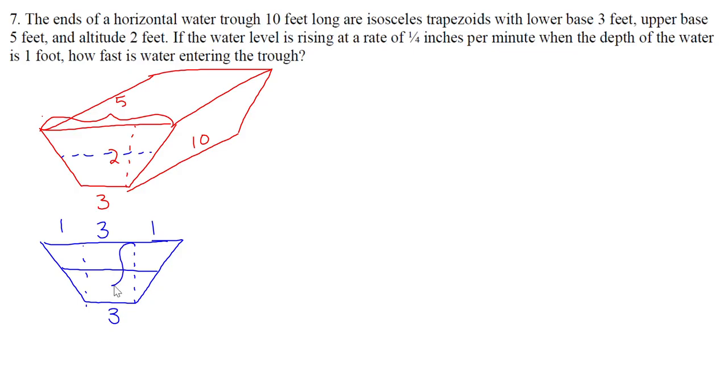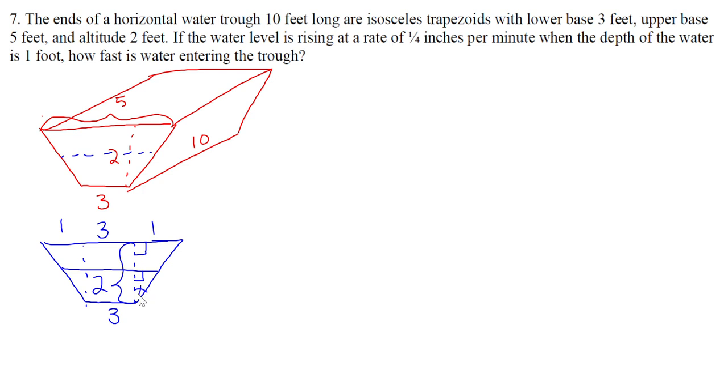And so from there, we should be able to do a little bit of work knowing that the entire altitude here is 2. So we should be able to figure out a bunch of different things about this. But what we really need to know is how the height here of this thing is related to the other pieces of it. So we can see that there is a similar triangle here. There's a right triangle and a right triangle, and they share this angle down here. This angle right here.